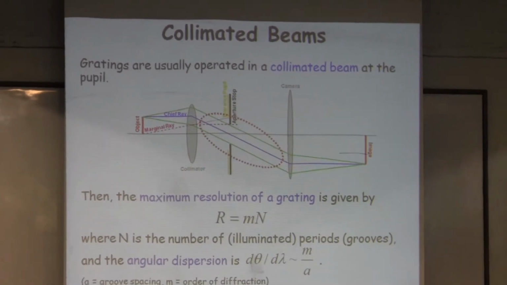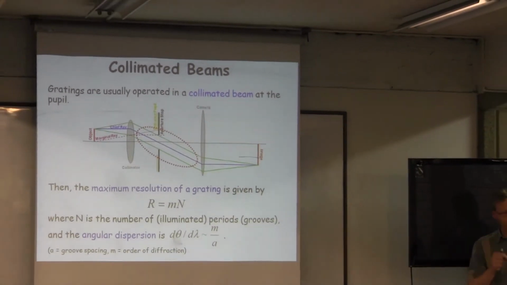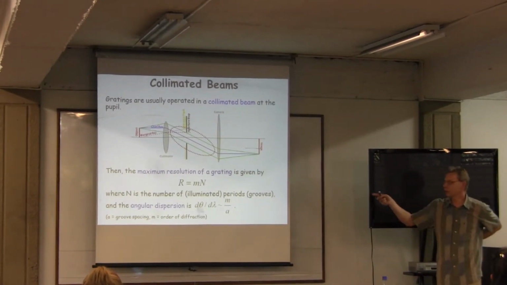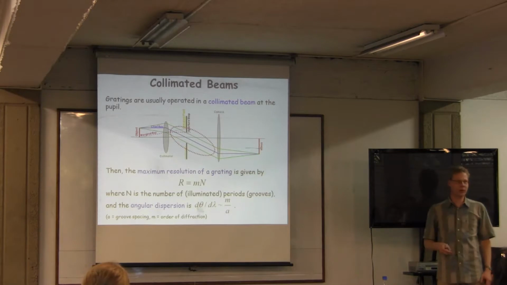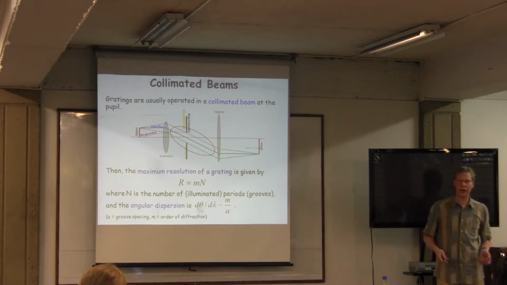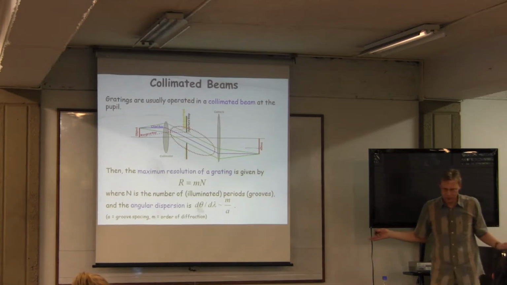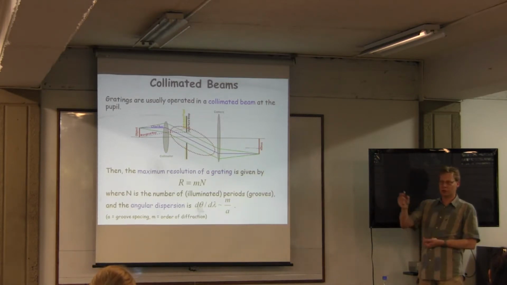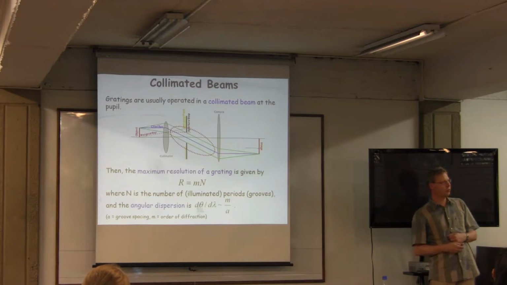Now, for the gratings, of course, we want to have the opposite. We want the light to experience the grating. So if we want to have a grating that works at 1 micron, we have to make the grooves bigger. I don't know, let's say 10 micrometers. Okay. So let's say we have 10 micrometer groove size. And we want to observe in first order, and we want the resolution of 1 million.